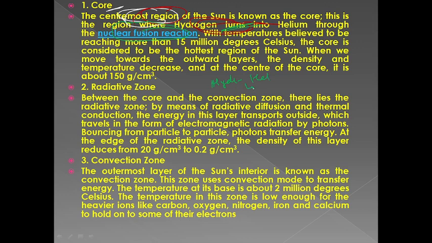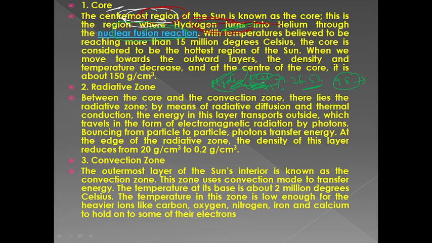In the sun there is 71% hydrogen and 26.5% helium. Almost 98% of the sun's atmosphere is covered with hydrogen and helium only. As hydrogen has only a single atom, it is not stable, so it is converted into helium.